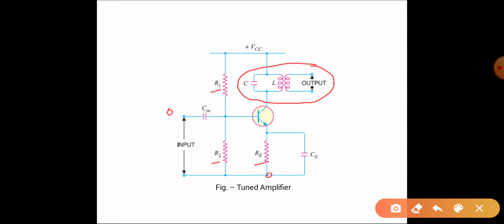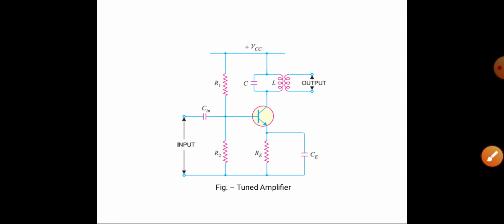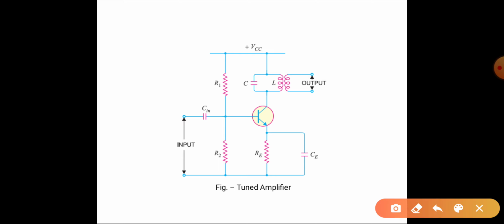So if the signal has the same frequency as the resonant frequency of the LC circuit, that is the tuned circuit, then a large amplification will result due to the high impedance of the LC circuit at that frequency only. And again, when signals of many frequencies are present at the input of the tuned amplifier, here you can see, if you connect an antenna at this input, so suppose this is the antenna and you are giving different signals.